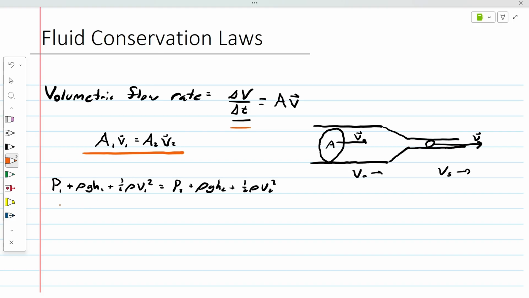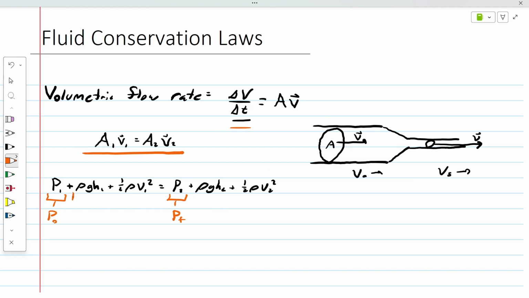First off, we just have our pressure. This is our initial pressure at the initial point, and the pressure on this side is just the final pressure, the pressure at the end point. You may notice these look very similar to potential and kinetic energies.